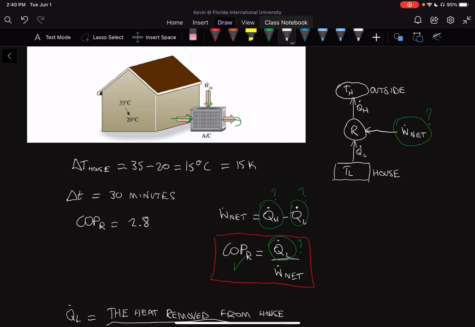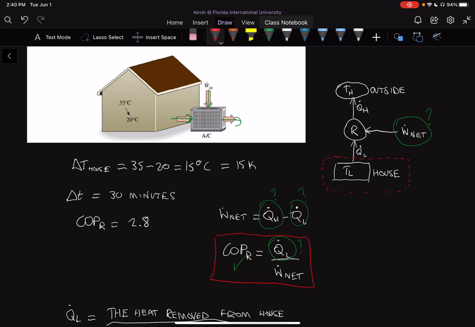In order to find Q dot L, we do a first law analysis around the house system, and we look at how much heat has left the house. By doing a first law analysis on the house, we can figure out our Q out. Once we find that, we can plug it back into our COP equation and find our value for work dot net within our bigger system of the refrigerator.